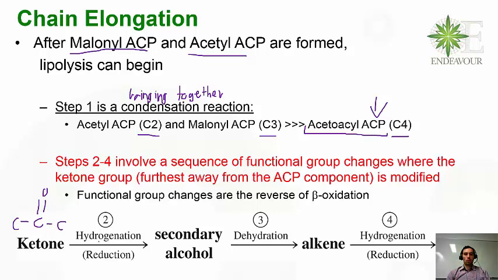So we do a hydrogenation reaction via reduction, which means we have a redox reaction, and that is facilitated by our NADPH. So now, instead of being a ketone group, it's a secondary alcohol, where we've got that OH bearing carbon attached to 2 other carbons. We then do a dehydration reaction. So this is where we will be removing our water.